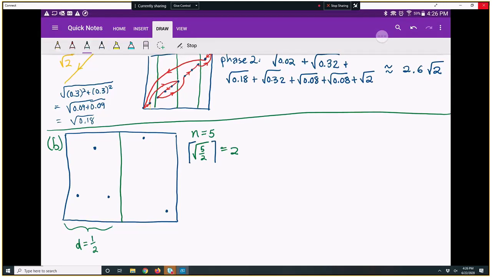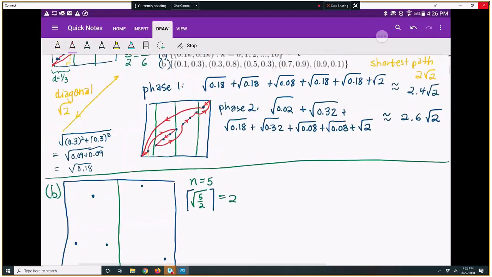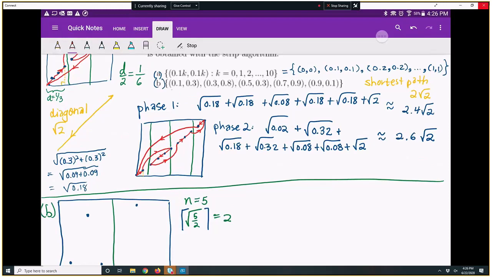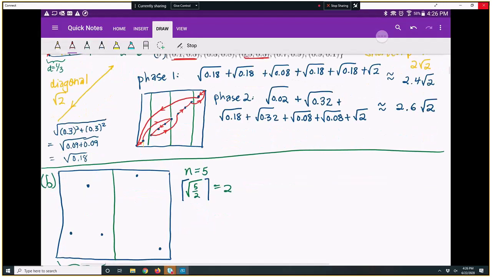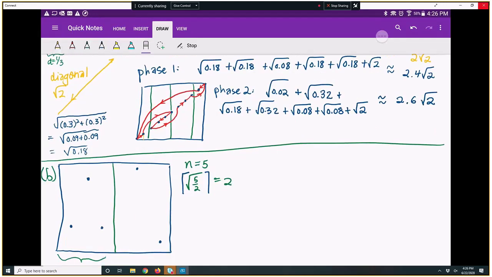Then the algorithm tells me I'm going to start from the bottom left corner and make my way up. But I have 2 points that are actually at exactly the same height. They both have height 0.3, I believe, if we look. So that's this point and this point, that both fall in the first strip. If I had drawn this a little bit more accurately, this would fall exactly on this line, but when it falls on the line, we consider it to be in the leftmost strip.